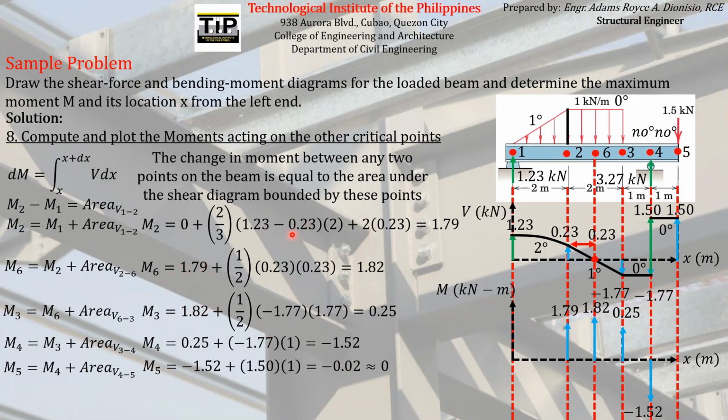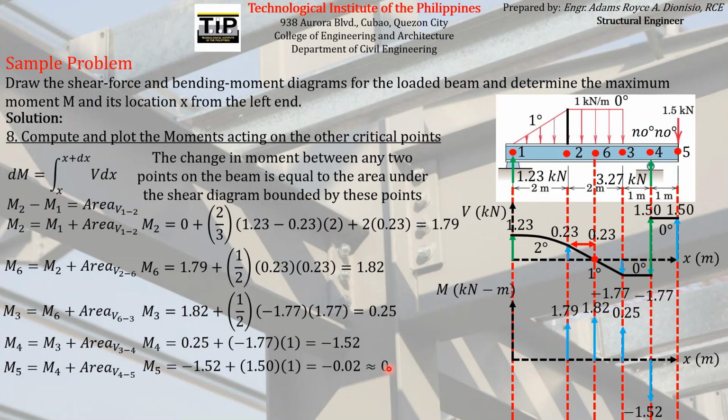We rounded off many values here. That's why we end up having negative 0.02, which can be approximated as 0. So we can still say that our bending moment diagram is correct because we have computed a 0 bending moment at the other extreme end.